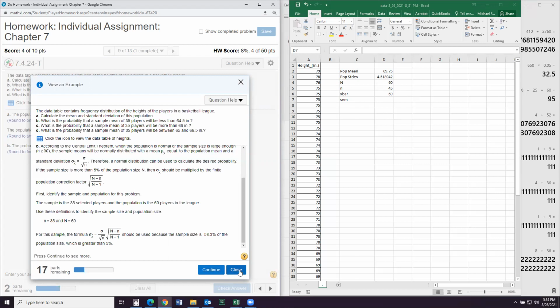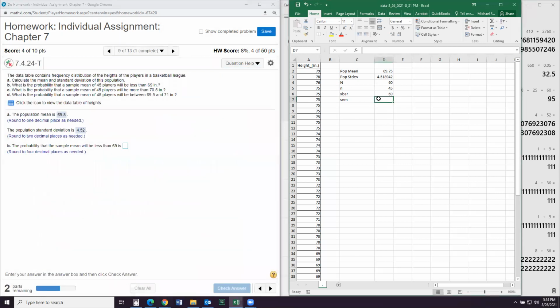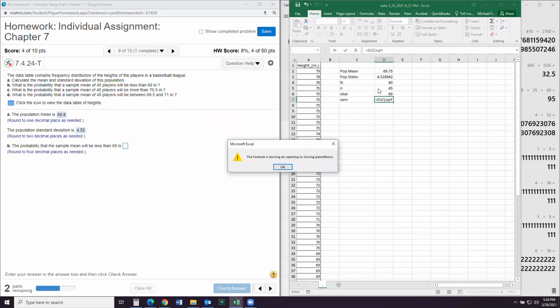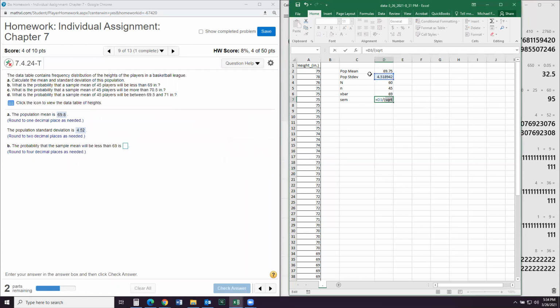So our standard error of the mean, uncorrected, is going to equal our population standard deviation divided by the square root of little n.